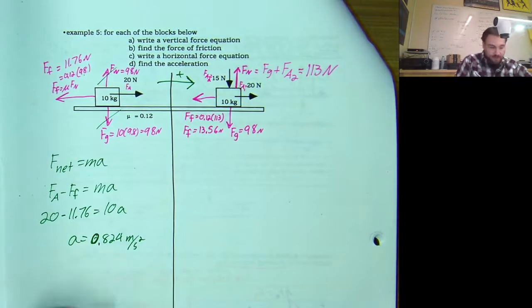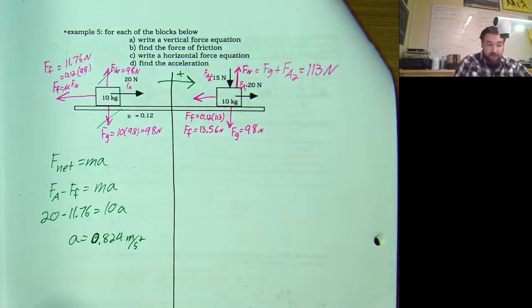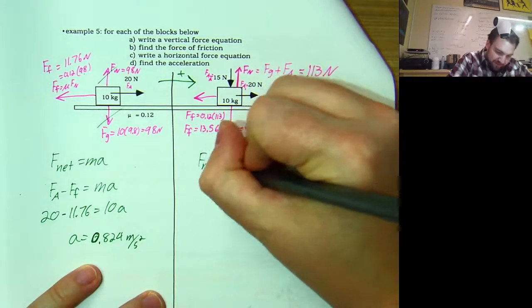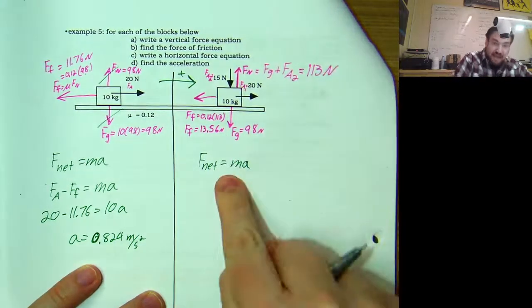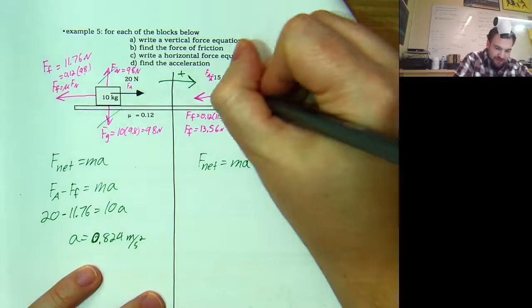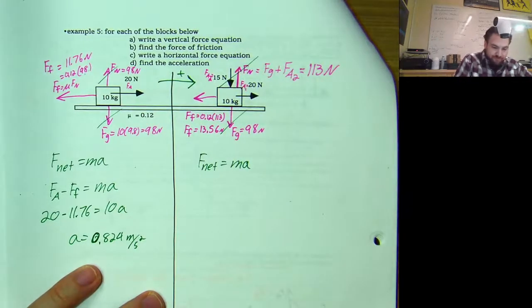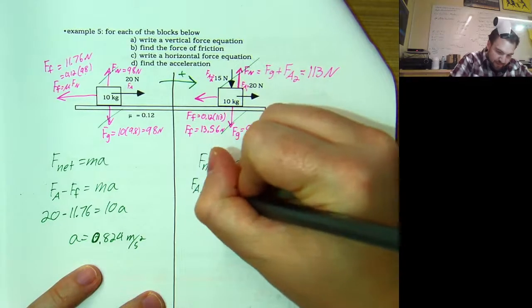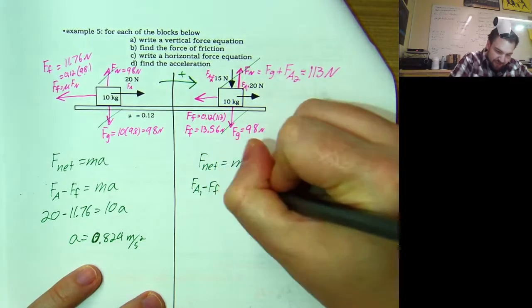There. So now I can calculate what my acceleration is going to be in this case. Always start here. Fnet equals ma. The next thing I'm going to want to see is the sum of all my forces in the direction of motion. These guys aren't included. So we're going to have Fa1 minus force of friction equals ma.